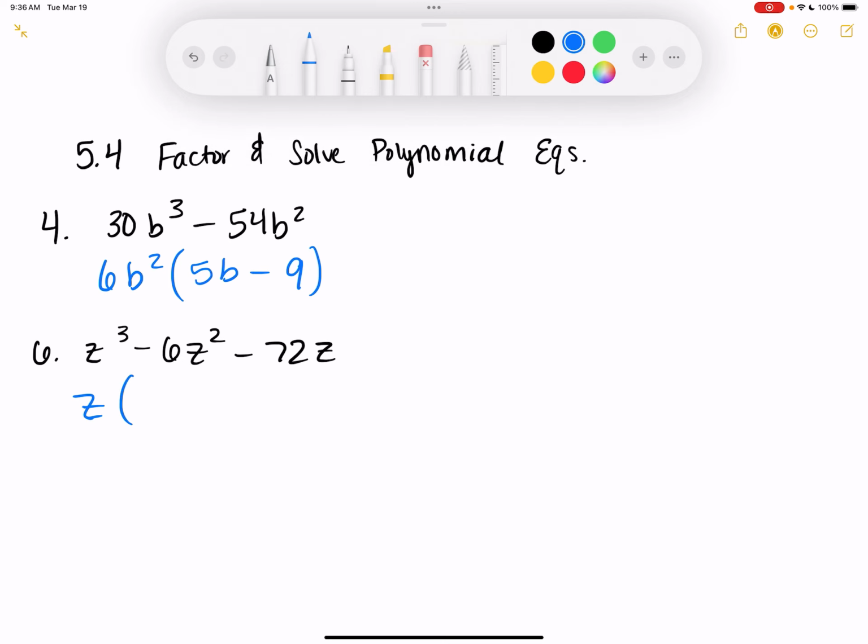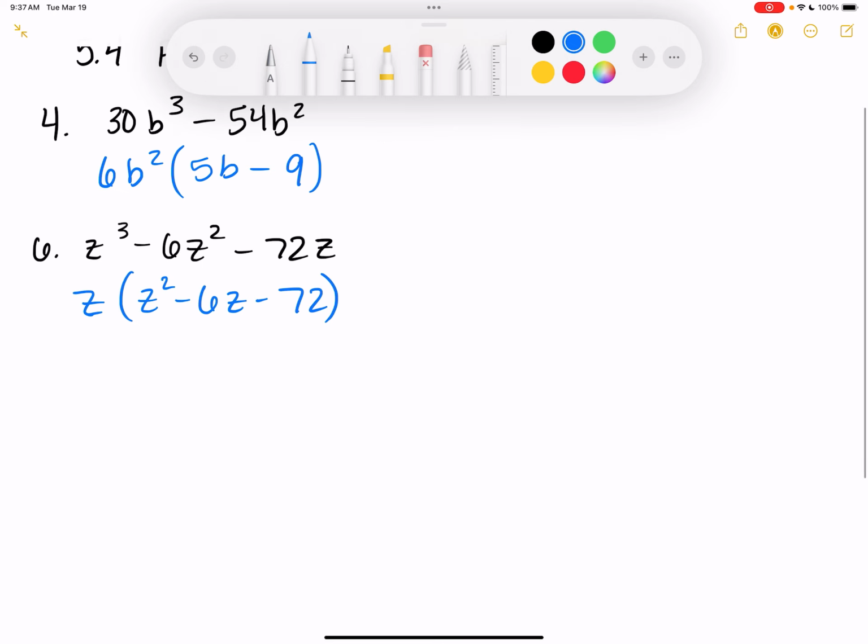And then that leaves me with z squared minus 6z minus 72. Then can I factor this down farther? What factors can I have? So we're looking for factors of negative 72 that add up to equal negative 6.